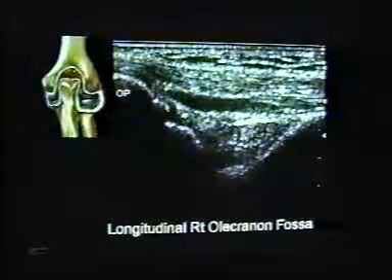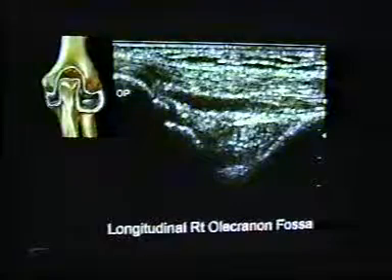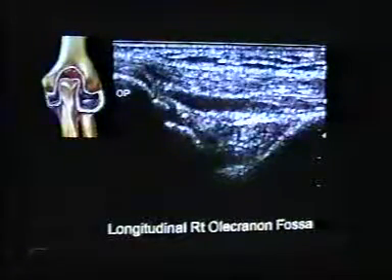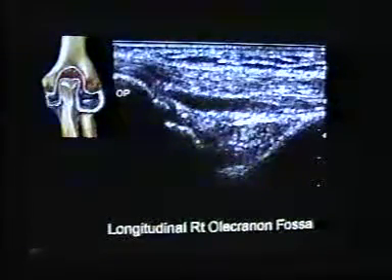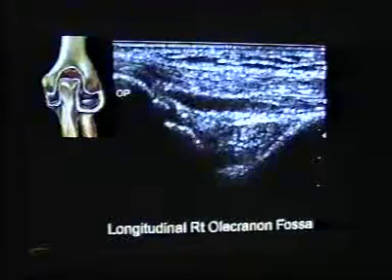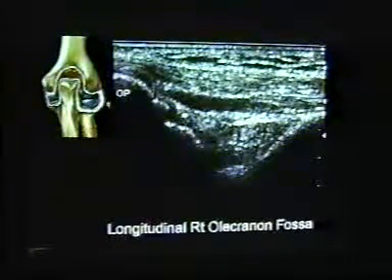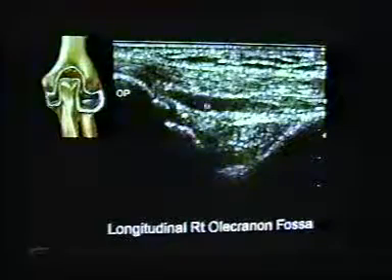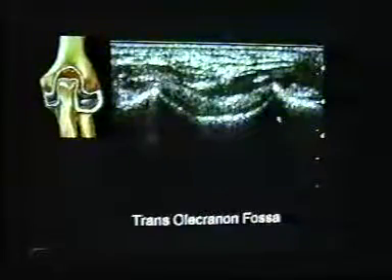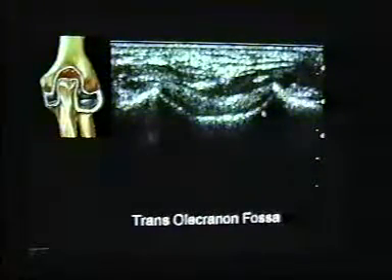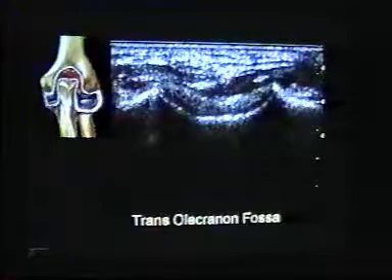This is the longitudinal view of the right olecranon fossa. This is the area. This is the olecranon process. It is here, and here we can see these structures with the recess. Transverse view of the olecranon fossa. This is the olecranon process.